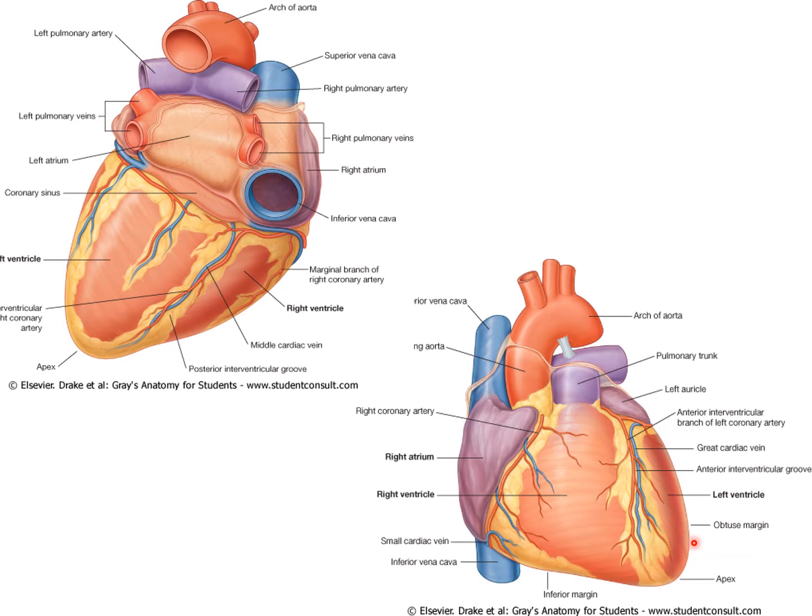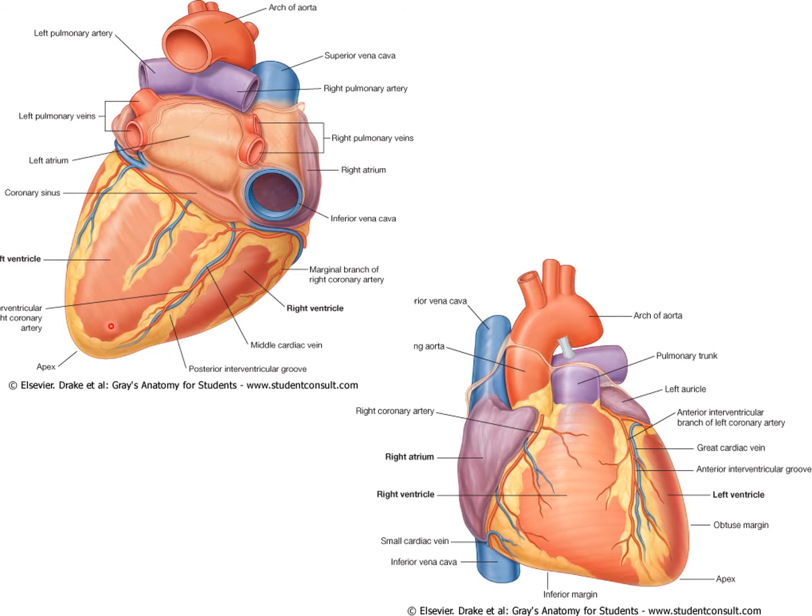Now the second surface is the diaphragmatic or inferior surface. The one you can see below is the diaphragmatic or inferior surface. It is flat and faces downward and backward. It is formed only by the two ventricles, two-thirds by the left ventricle and one-third by the right ventricle. So the diaphragmatic surface is formed by the ventricles, while the sternocostal surface is formed by the atria.